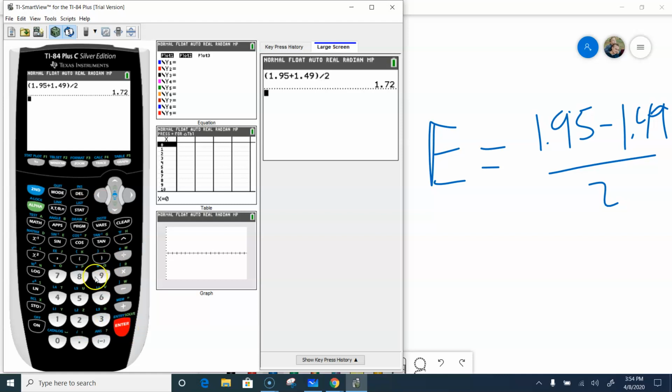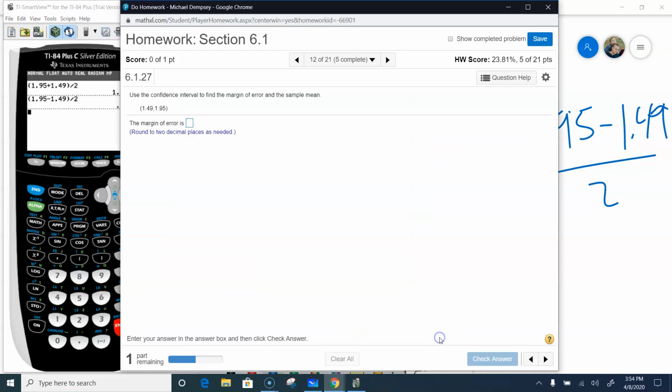Okay, so 1.72 is the middle, and then the width, if I just want to be quick about it, I can hit second enter, bring back up that last command. It might save me a little bit of time, and then I can just tell the calculator to subtract that. 0.23. So 1.72, 0.23.